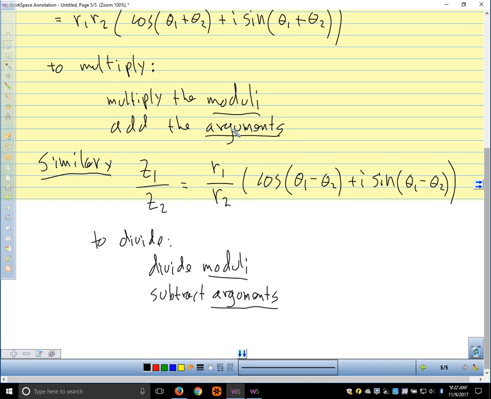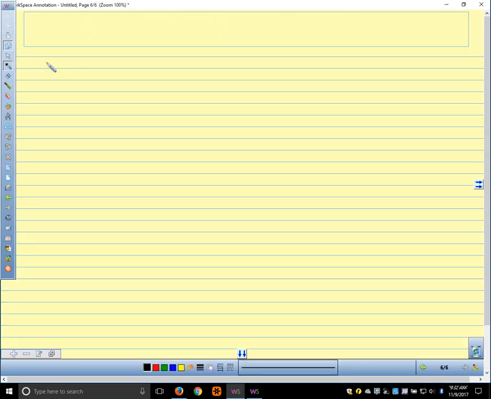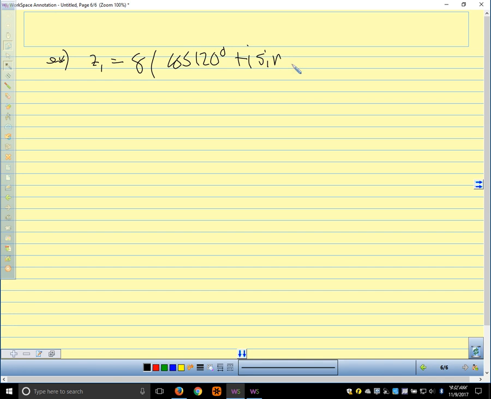All right, so let's look at one example having to do with multiplication and division. Any questions so far? All right. Let's say Z1 is 8 cosine 120 degrees plus i sine 120 degrees.